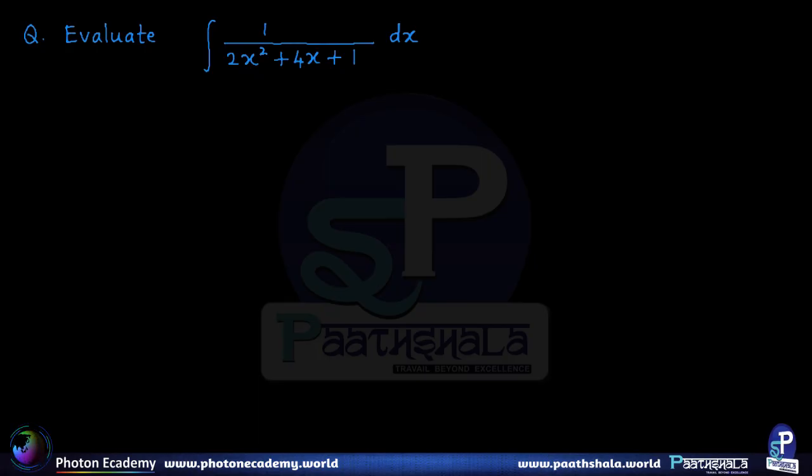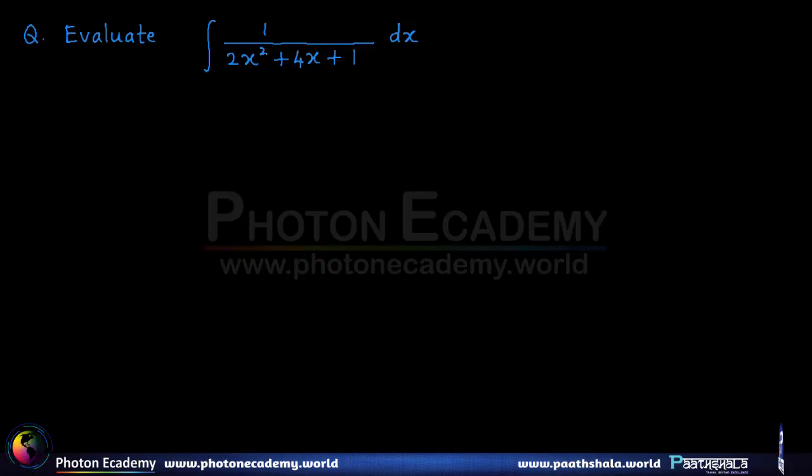Evaluate integral of 1 upon 2x square plus 4x plus 1. So we observe that there is a quadratic expression in the denominator. Now as we have seen, we have to first make the coefficient of x square term as unity. So we must take 2 common from the denominator.